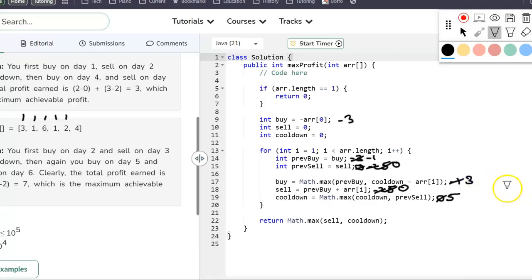What that represents is that we had a profit of 5, and we used 2 units to buy on day 5. All right, sell. Sell, previous buy, -1, plus array at I, which is 2, and so that goes to 1.